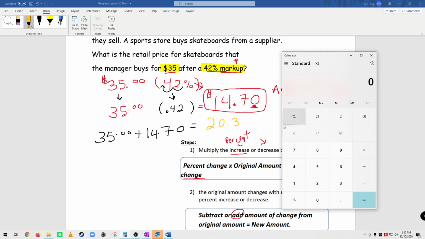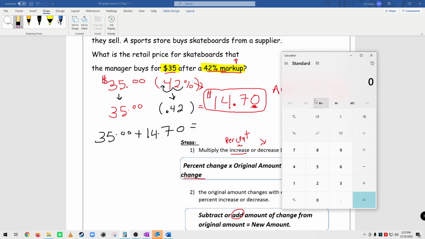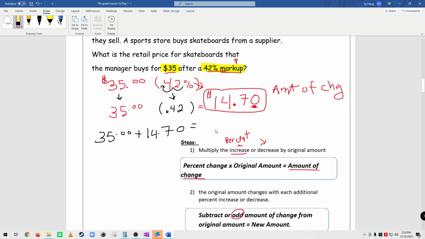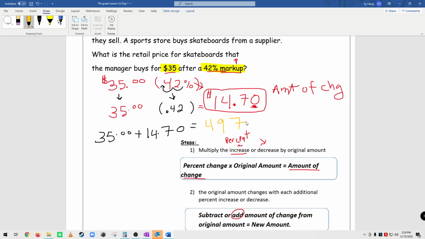I apologize. It's not 20.30. Hold on. You add, I subtracted it. See, Mr. Hay makes mistakes too. So you're going to take the $35 and you're going to add 14.7 or 14.70, doesn't matter. So that's going to give you $49.70.